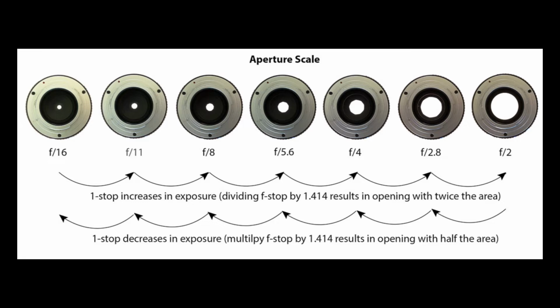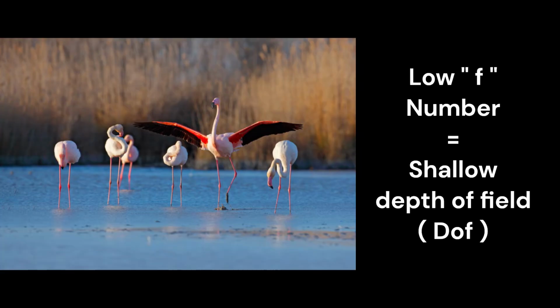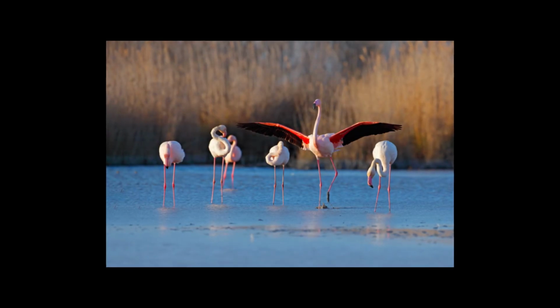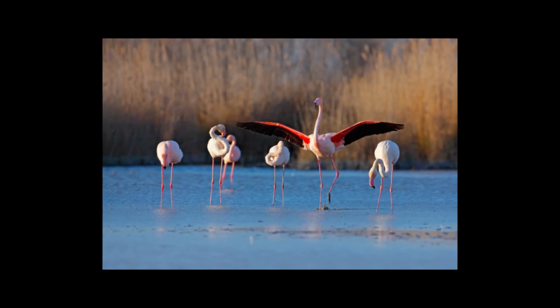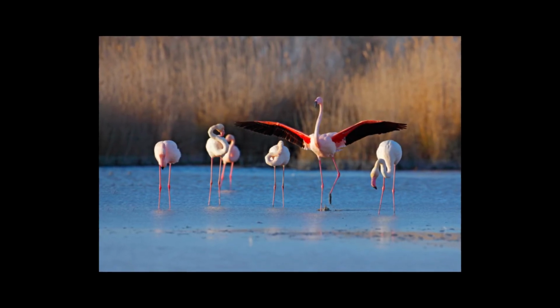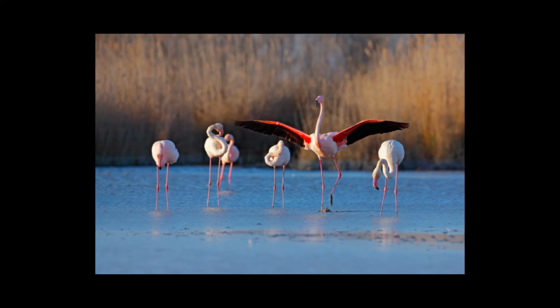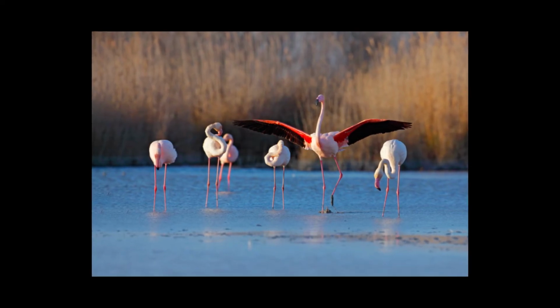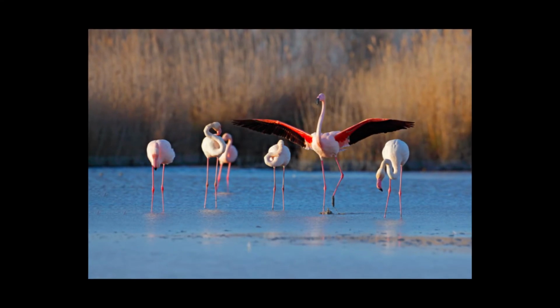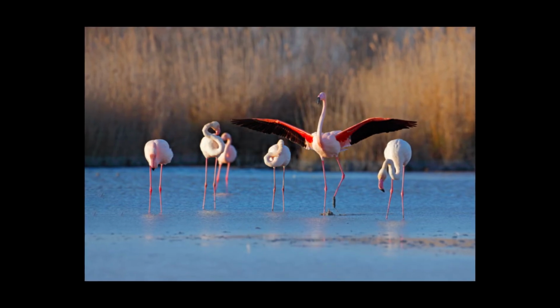Here are real-life samples I prepared for you to better understand F numbers. In this case, a wide aperture of f2.8 on a telephoto lens of 200mm allows us to isolate the subject from the background, resulting in a shallow depth of field. At the same time, a high shutter speed allows us to freeze the bird's motion.